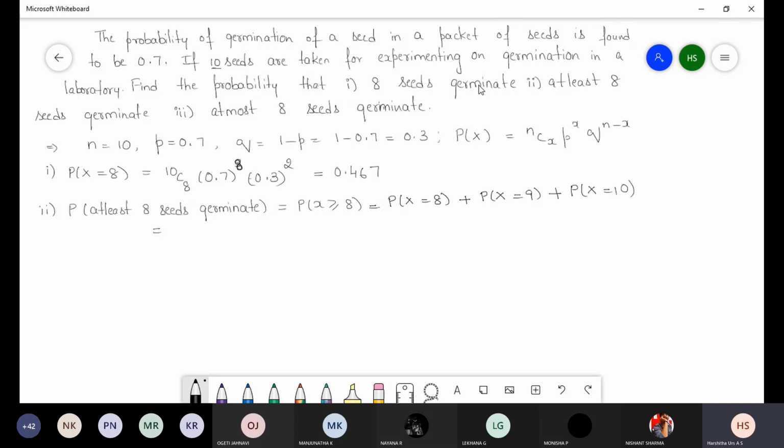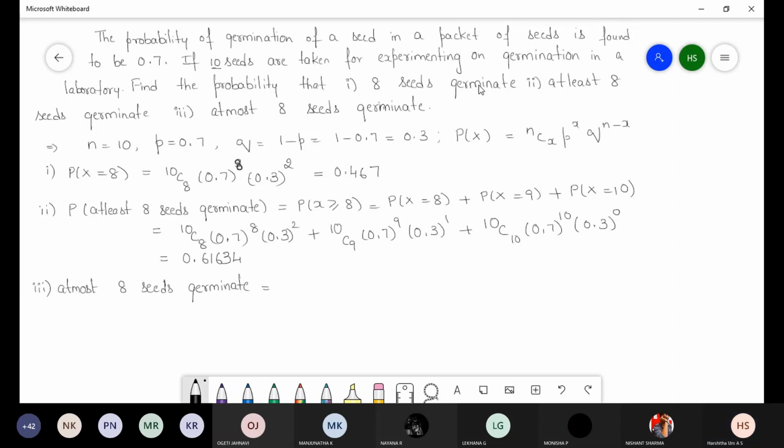So here do the substitution: 10C8 0.7 whole power 8 0.3 whole power 2, 10C9 0.7 whole power 9, again 0.3 whole power 1 because 10 minus 9. Last one, 10C10 0.7 whole power 10, again 0.3, 10 minus 10 is 0.